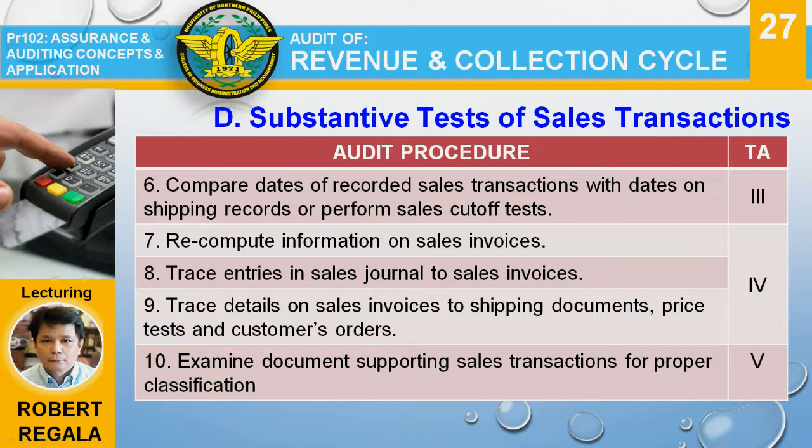The descriptions and quantities of items are compared on these 3 documents and traced to the duplicate copy of the related shipping document. The original sales invoice and the original shipping document are in the hands of the customer. The credit manager's signature denoting approval of the customer's credit should appear on the sales order. The extensions and footings on each invoice in the sample should be proved to be arithmetically correct.